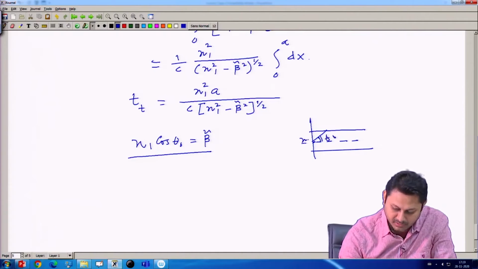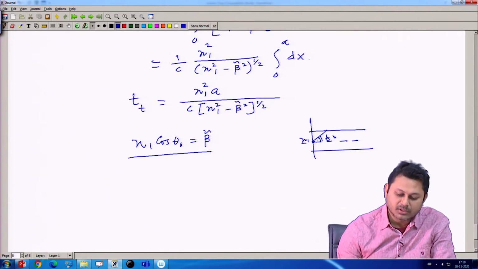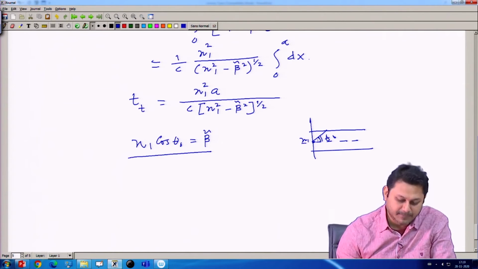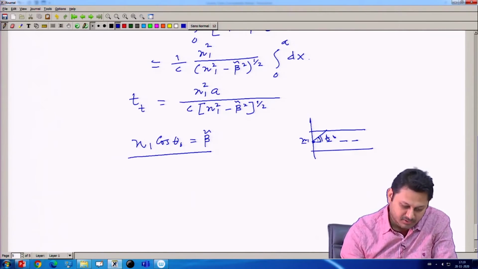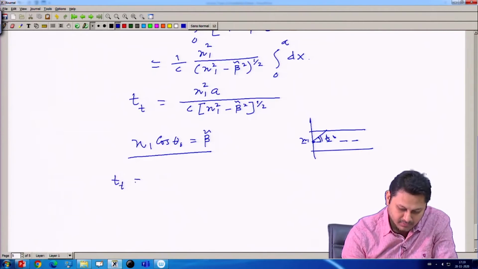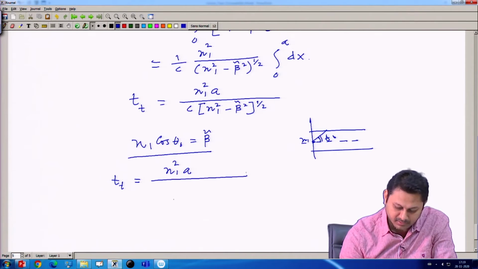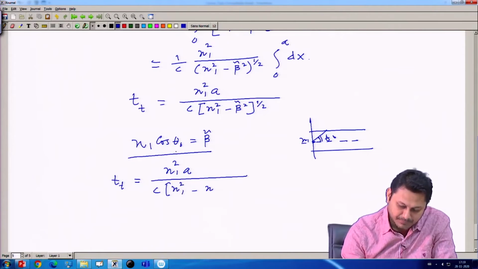Here the value is N1. So, at this point N1 cos theta 0 should be equal to beta tilde, and now I need to put this value there. So, my TT is eventually N1 square A divided by C, N1 square minus beta tilde square, which I can put as N1 square cos square theta 0, whole to the power half.